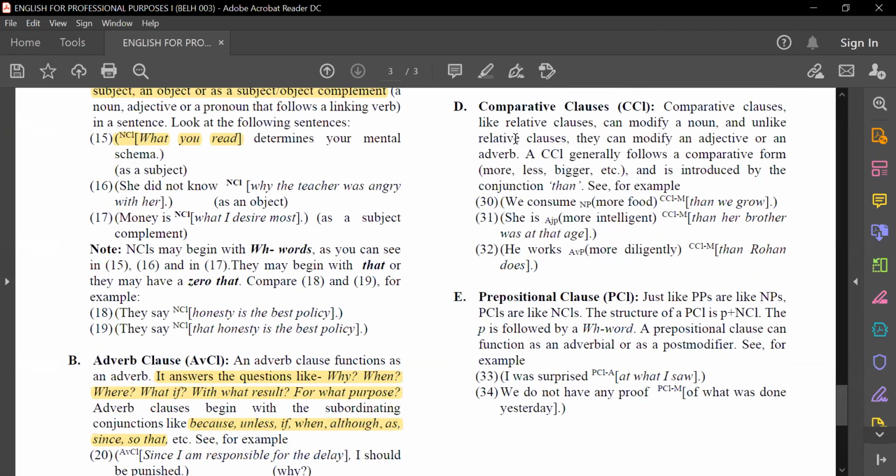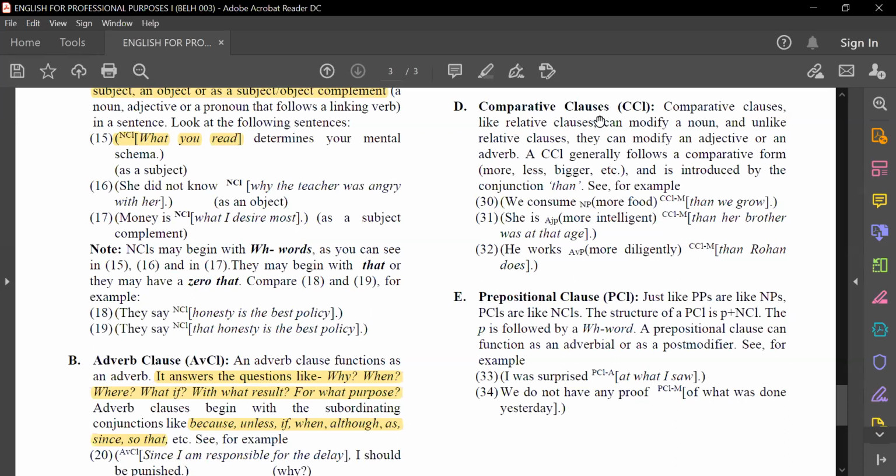So under relative clauses, we didn't find an adjective or an adverb which is modified. But in comparative clauses, we can modify a noun and also we can modify adjectives or an adverb.